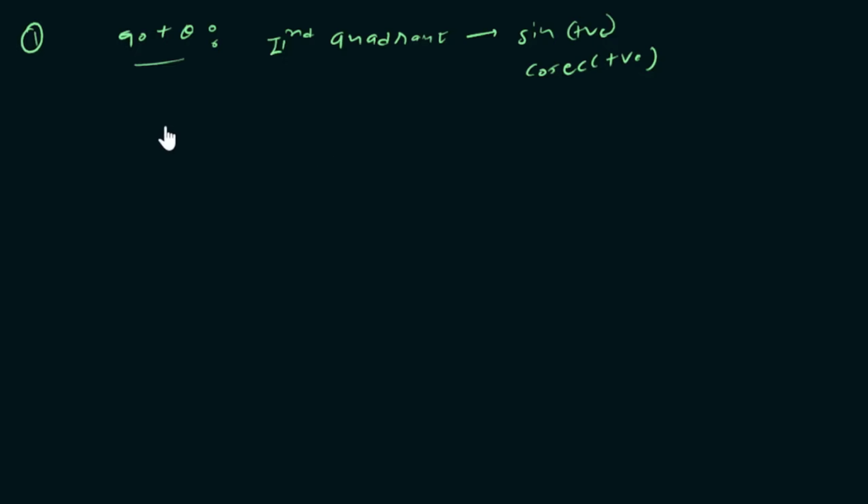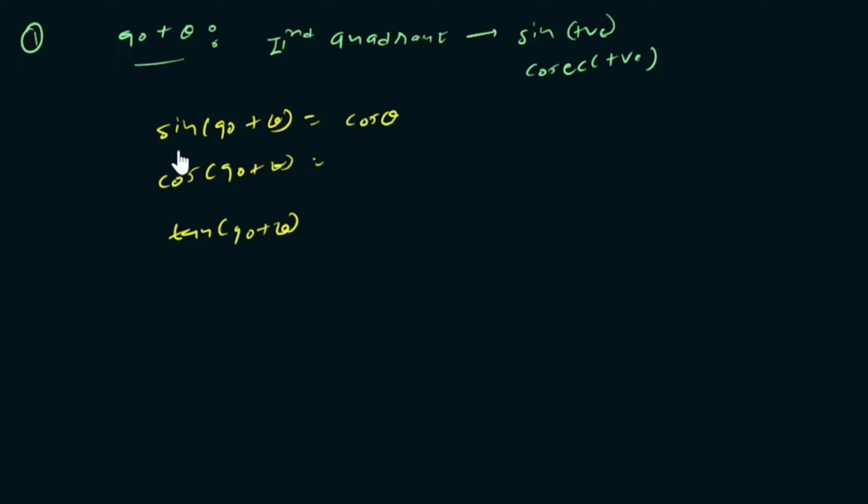If you are given sine of 90 plus theta, cos of 90 plus theta, and the third function tan of 90 plus theta: sine of 90 plus theta lies in the second quadrant, and sine is positive in this quadrant. So the value of sine of 90 plus theta will be cos theta.